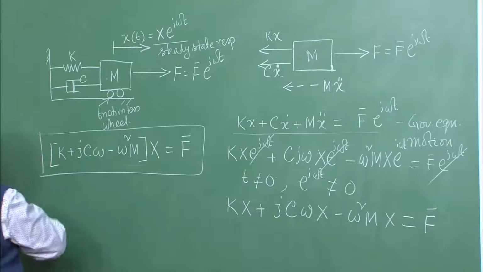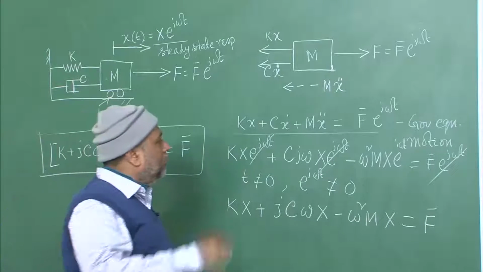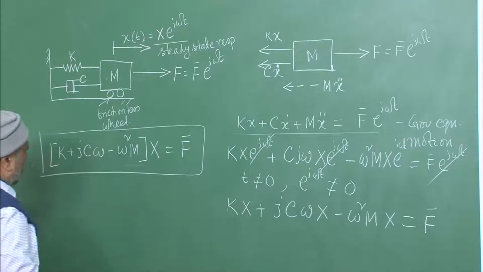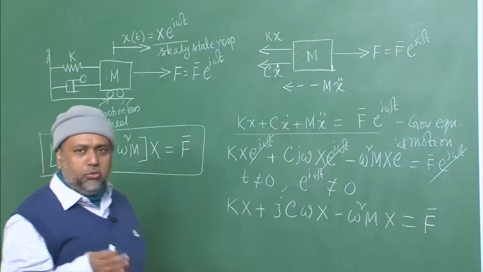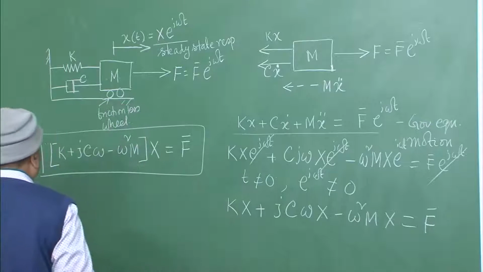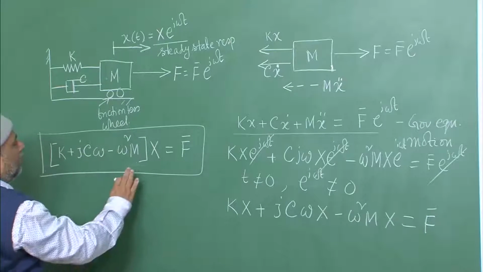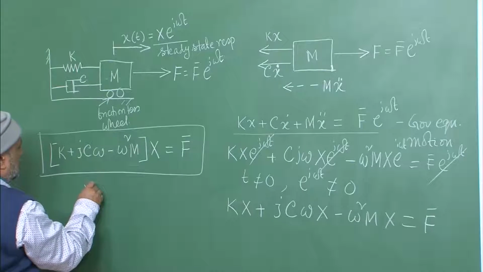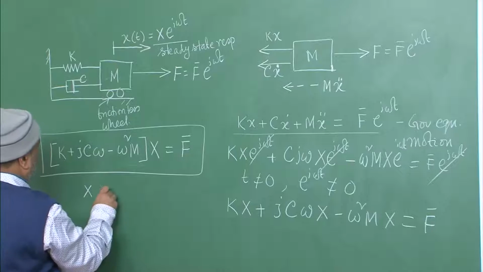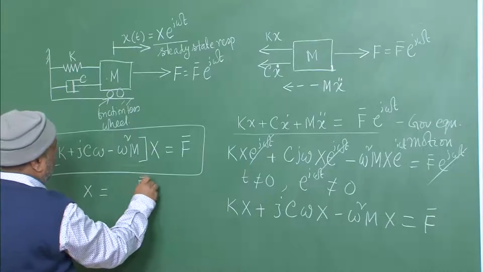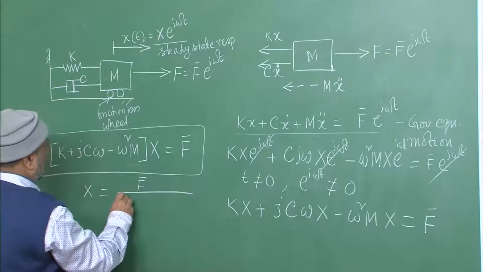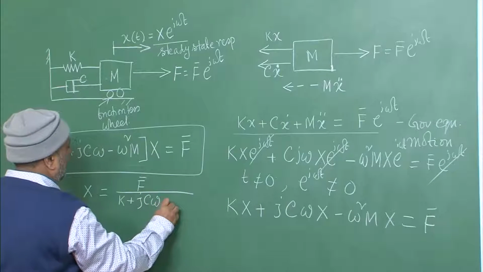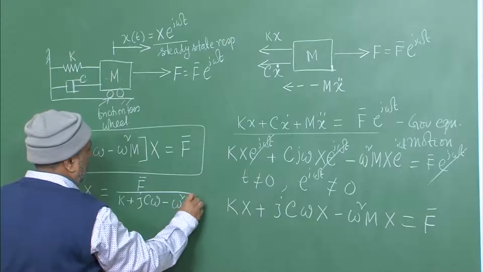Now, we can further try to see the steady state response as we change the excitation frequency. So, let us try to do that. Now what we can say is that x equals F bar over k plus j c omega minus omega square m.